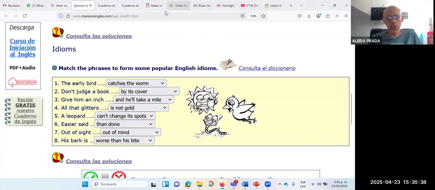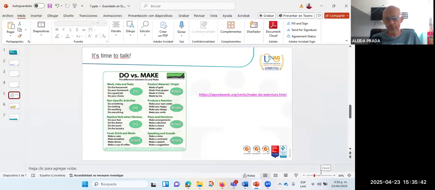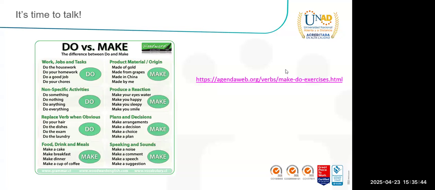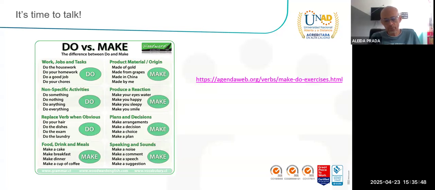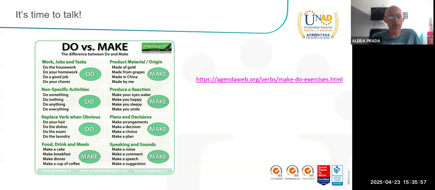Now we are going to continue with this one. Here, in English, we have two verbs, do and make, which are similar, taking into account the meaning.